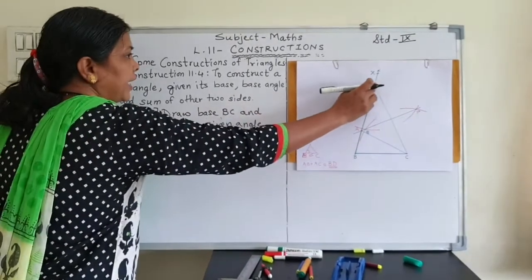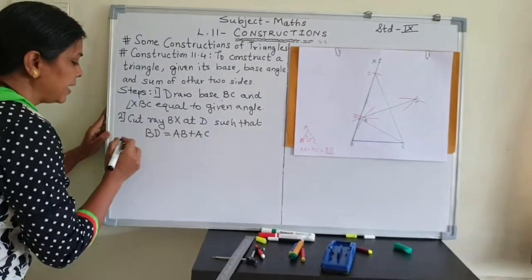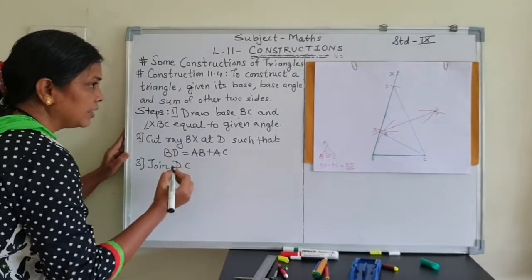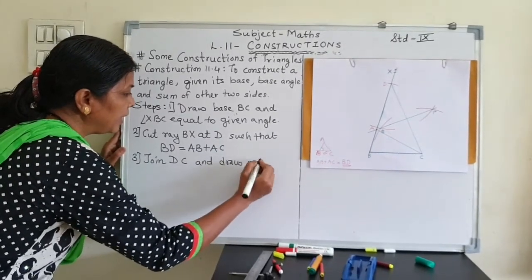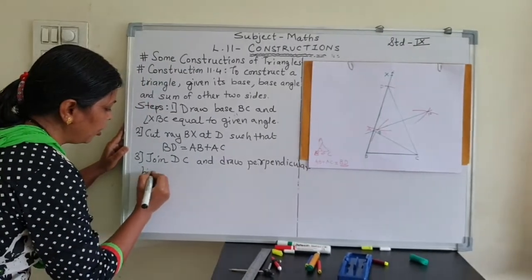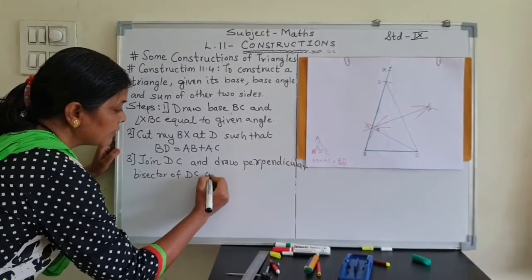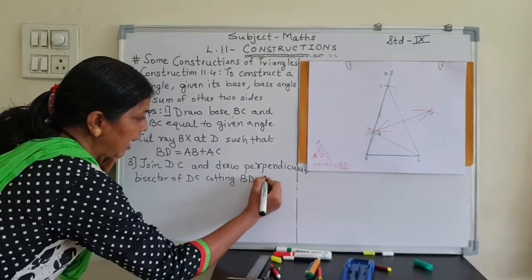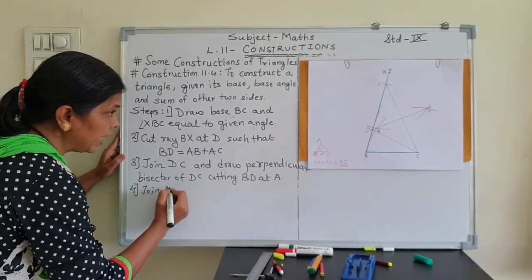So we are cutting ray BX at D, which will be equal to AB plus AC. Now third, join DC and draw the perpendicular bisector of DC, cutting BD at A, and then finally join AC.